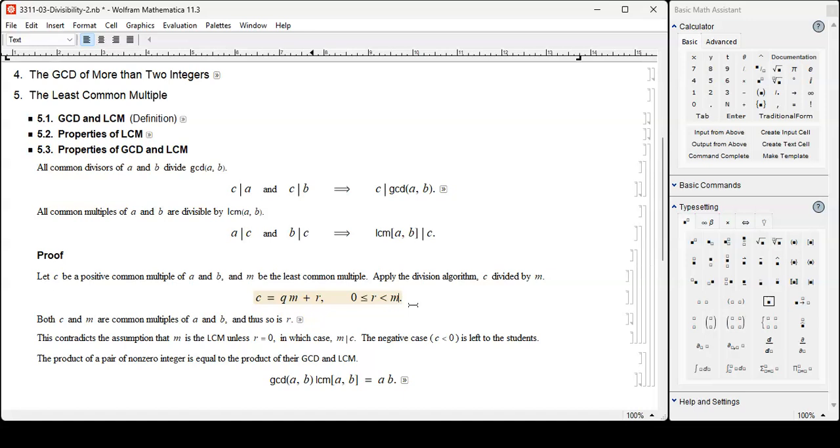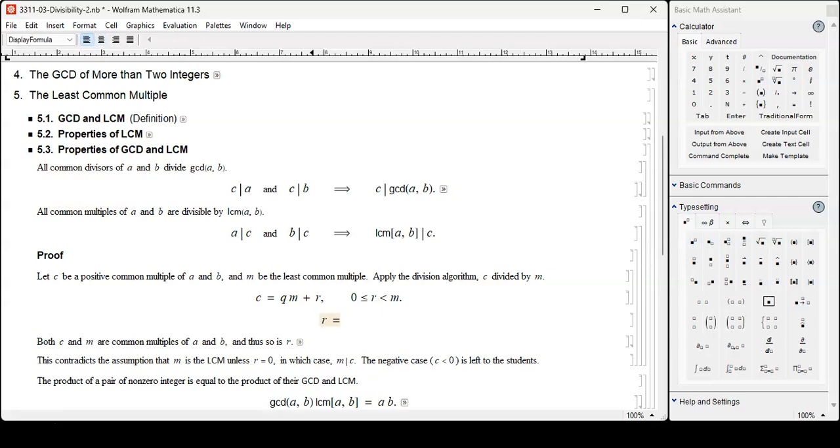Okay, alright, let's go to the next step. Both C and M are common multiples of A and B. So A divides C and A divides M. So flip this over to the other side, then what you get is R equals C minus Qm, where A divides this, so some number XA, and then Q, and then some number times A, YA.